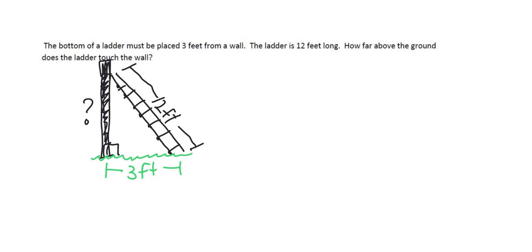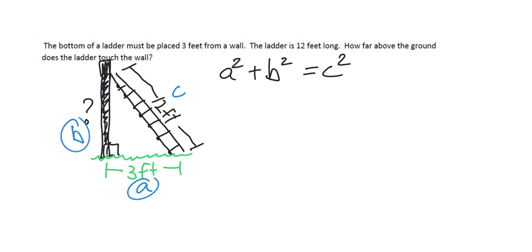So then we go, okay, well, Pythagorean theorem, I've got a squared plus b squared equals c squared. We'll call this a, and we'll call this b, and c is, of course, the hypotenuse. So 3 squared plus b squared equals 12 squared.